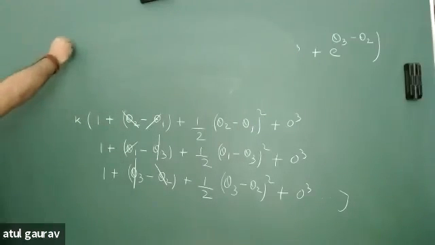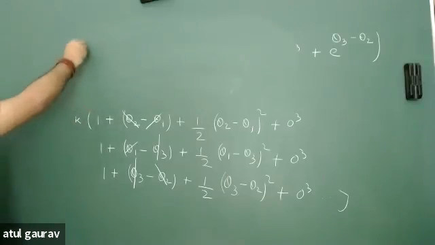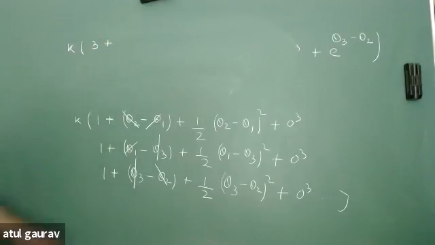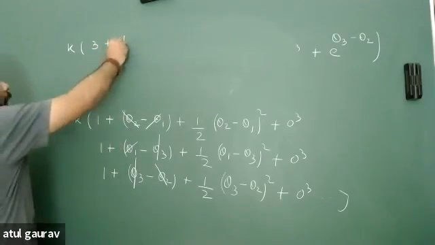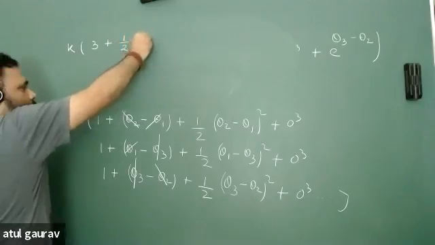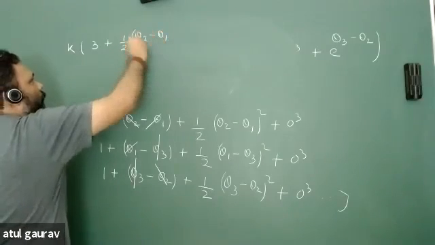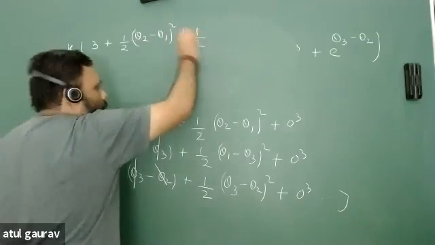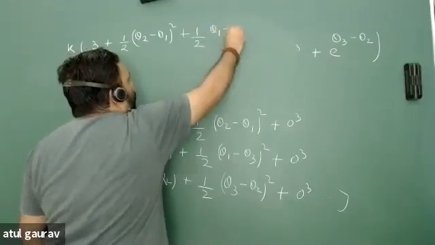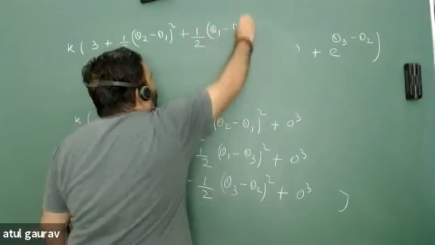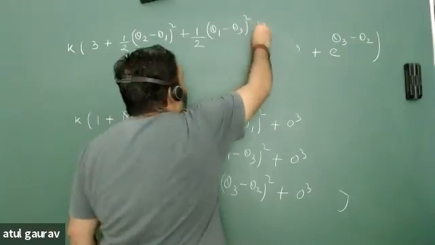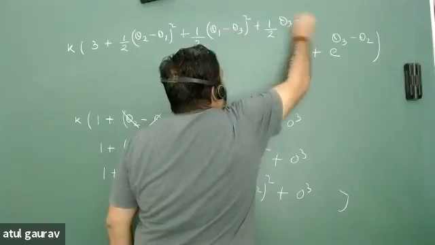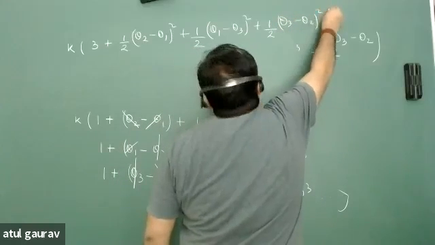When we go for the constant term, the K, and inside there is 3 plus, and all this term is half (theta 2 minus theta 1) whole square plus half (theta 1 minus theta 3) whole square plus half (theta 3 minus theta 2) whole square.